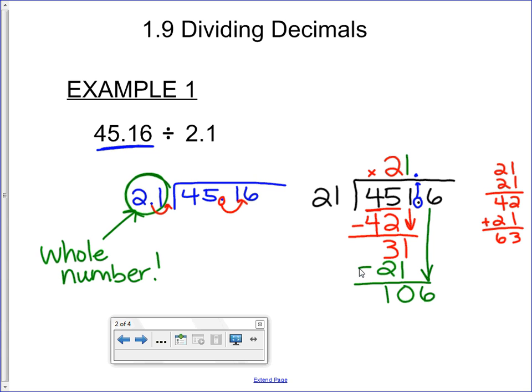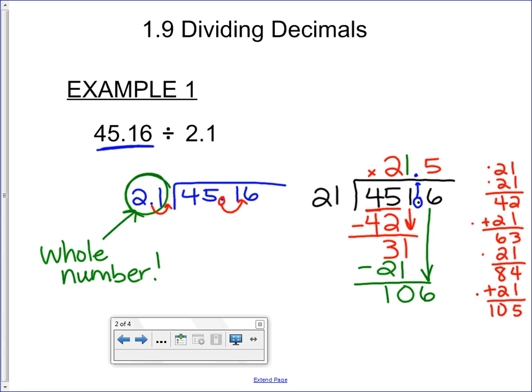Now we start this whole process again, one more time. How many times does 21 go into 106? Again, you can divide that on your calculator to figure out how many times. I'm just going to add it on the side here. And I find that 21 goes into 106 5 times.